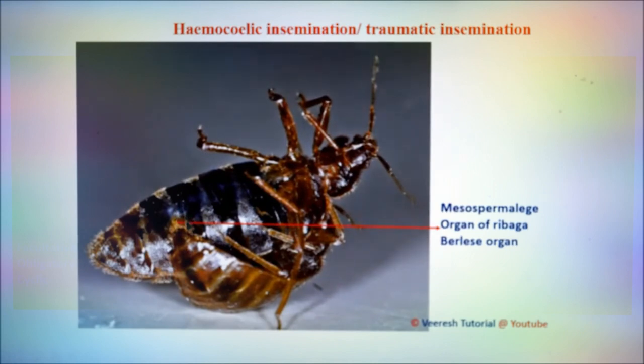The female part that receives the aedeagus is located on the fourth abdominal sternum. This receiving organ of the female is called the mesospermalege. It is also called the organ of Ribaga or Berlese's organ.